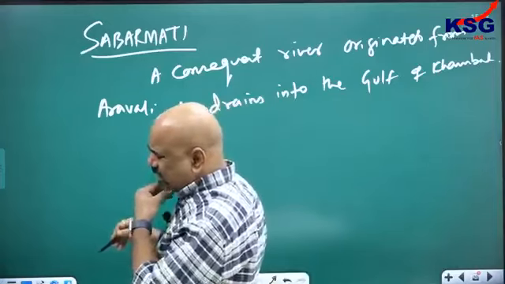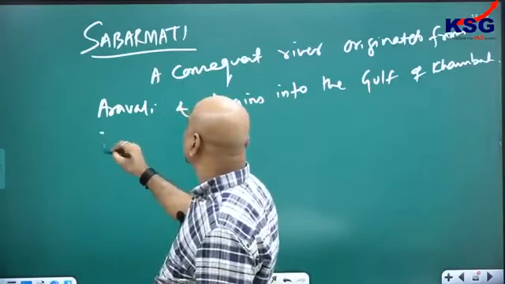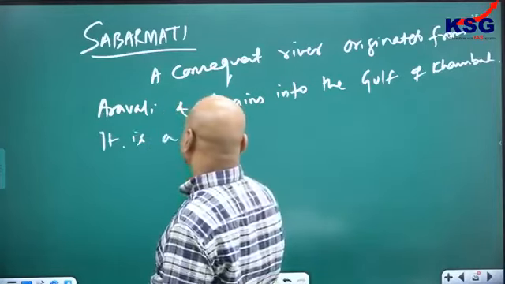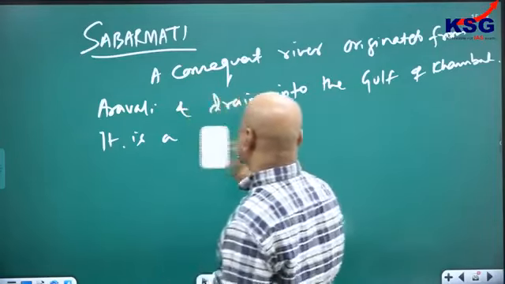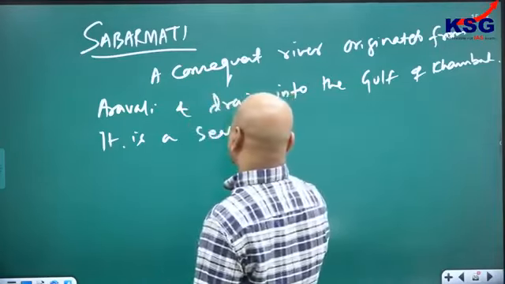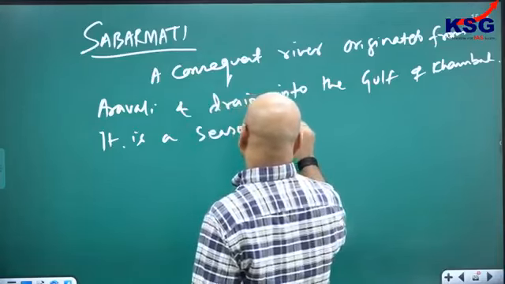Sabarmati is a seasonal stream, a seasonal or ephemeral river.